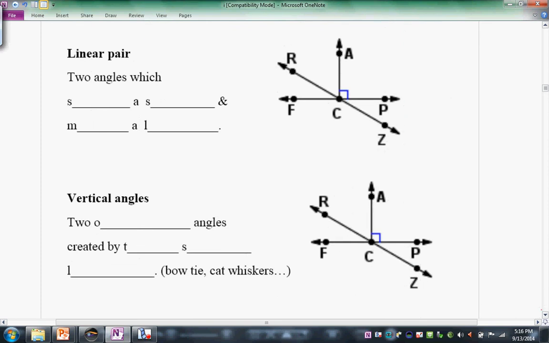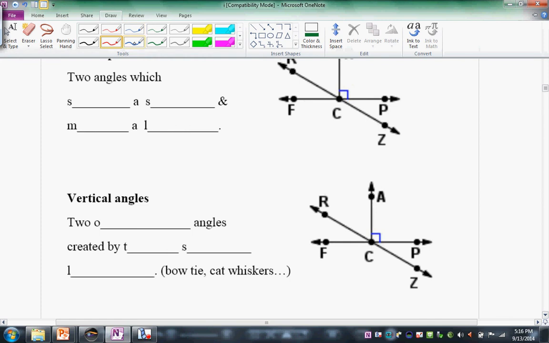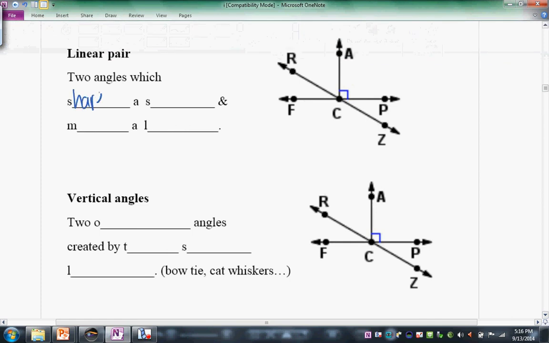A linear pair. A linear pair are angles which are automatically adjacent, so they share a spine, but they also make a line. Share a spine, make a line. Say that out loud.